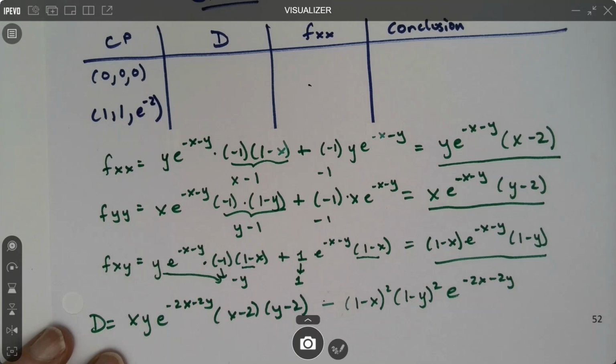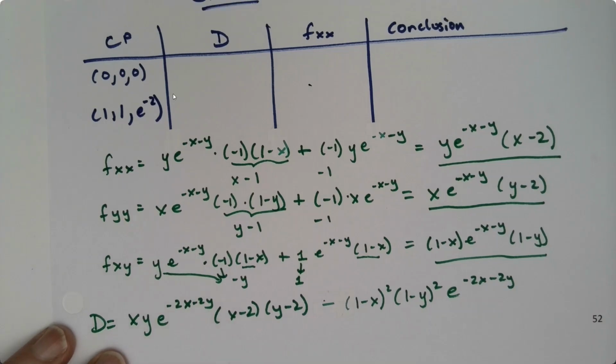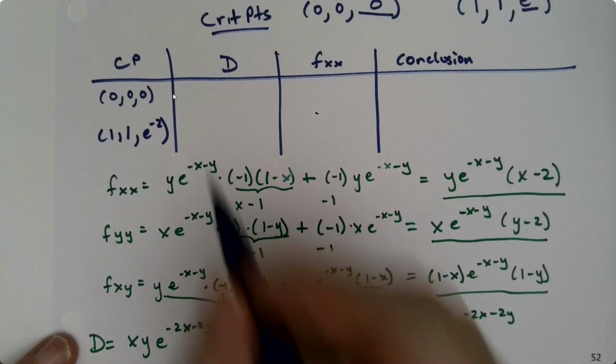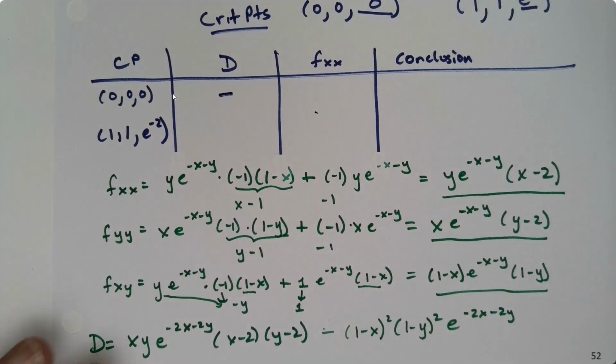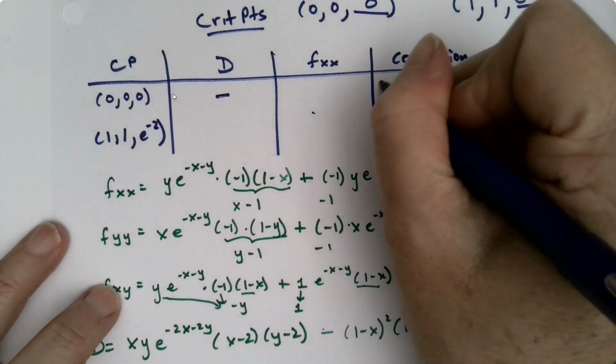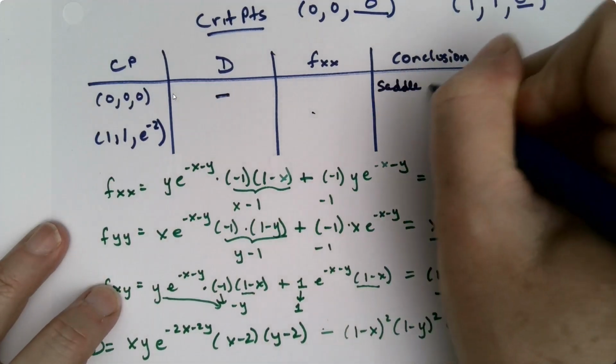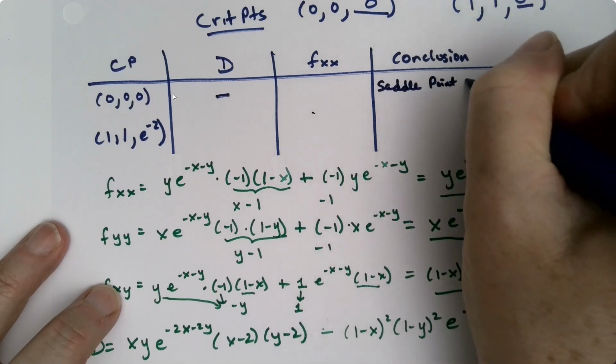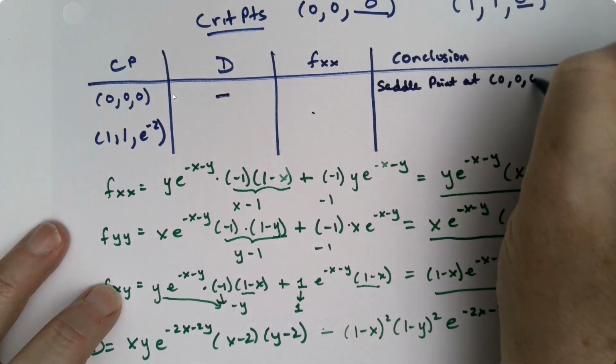So if you weren't catching that, it's going to be 0 take away positive, positive, positive, right? And 0 take away positive numbers is negative. So this is a negative number at 0, 0, which means, I can write it right now, we have a saddle point at 0, 0, 0.